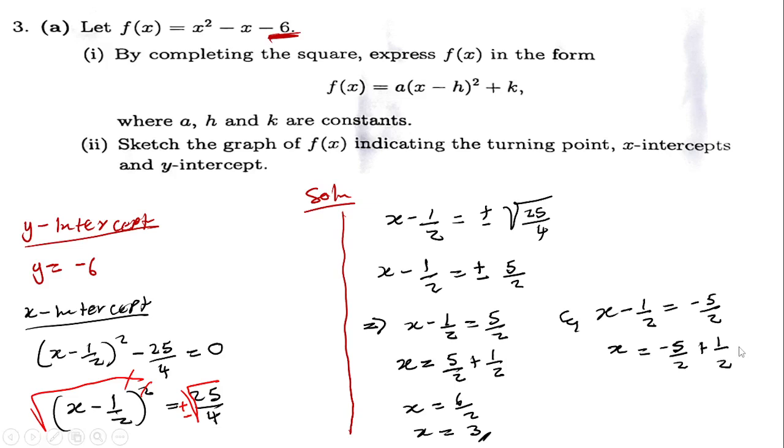So x is equal to negative 5 plus 1, which is negative 4 over 2. I've just gone direct because these are the same denominators. So x is equal to negative 2.